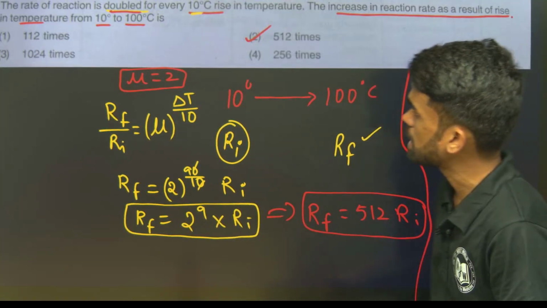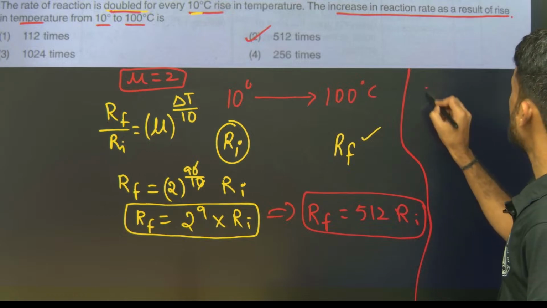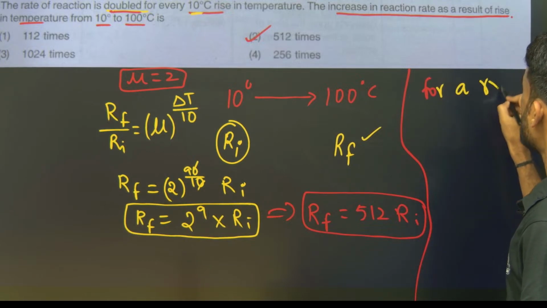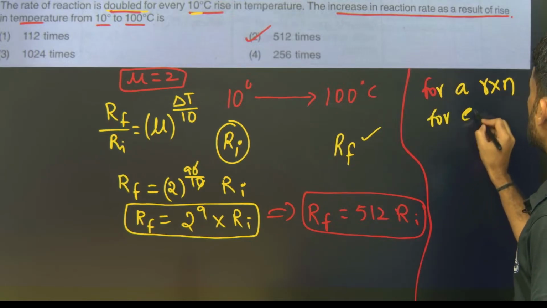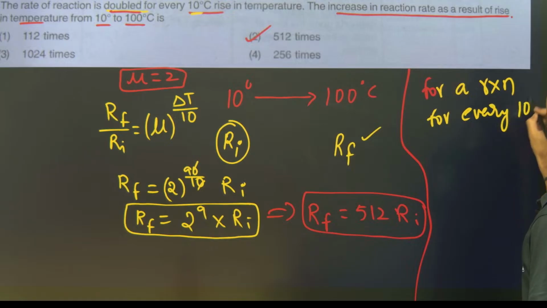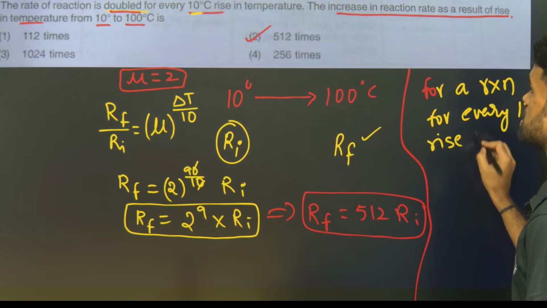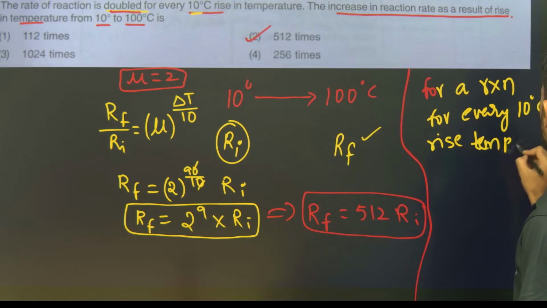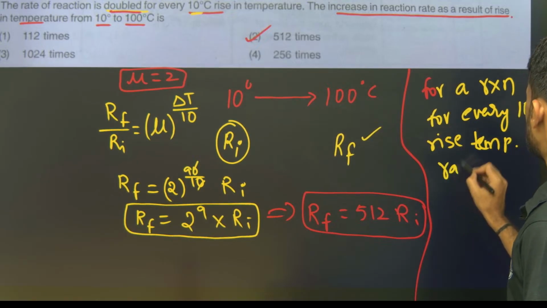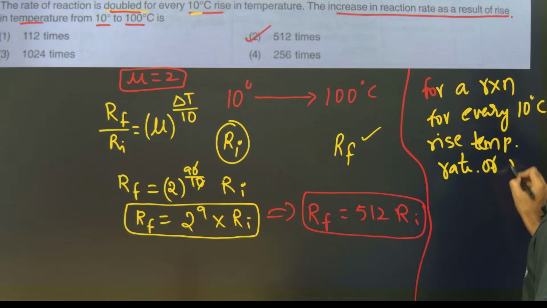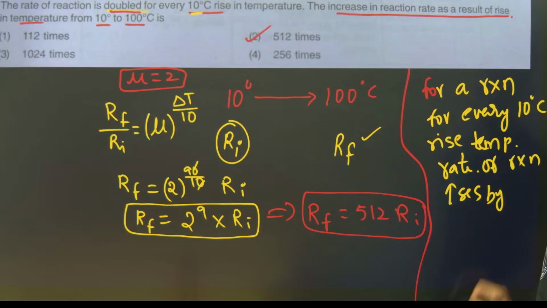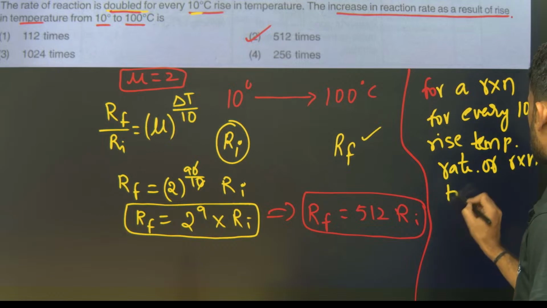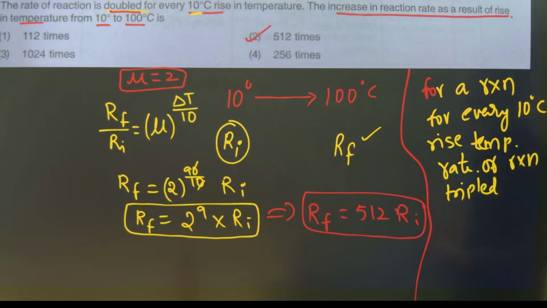Now just tell me, for a reaction, I want the answer from your side. For a reaction, for every 10 degree rise in temperature, the rate of reaction is tripled.